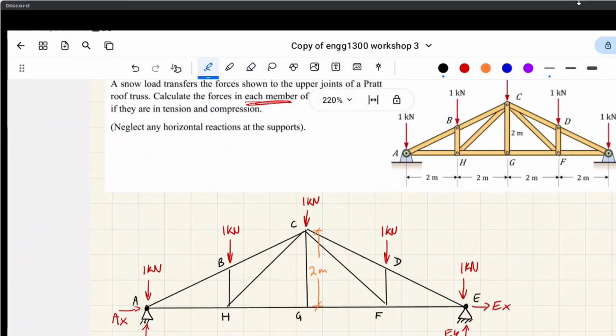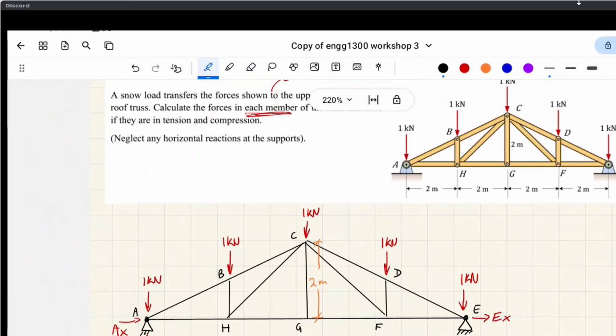Because of how our loading works, we can effectively not look at these ones. I don't know if that's the best practice, but we know they're both zero. That's the first thing.